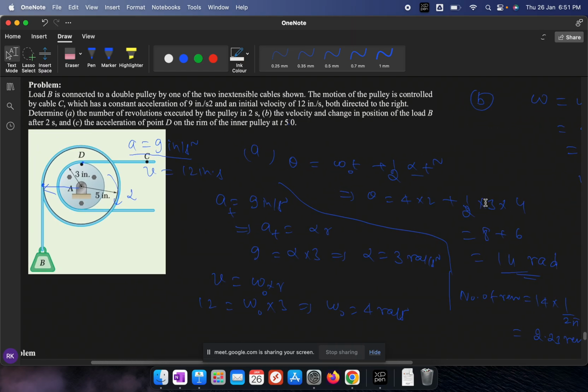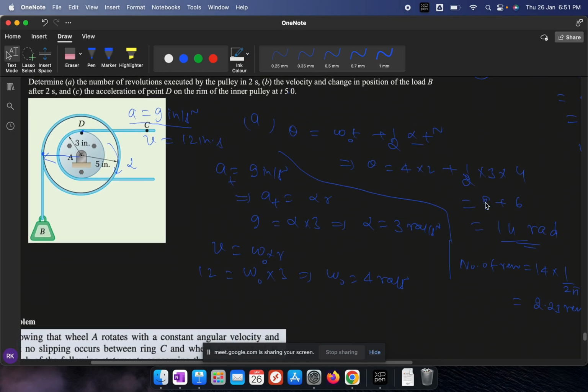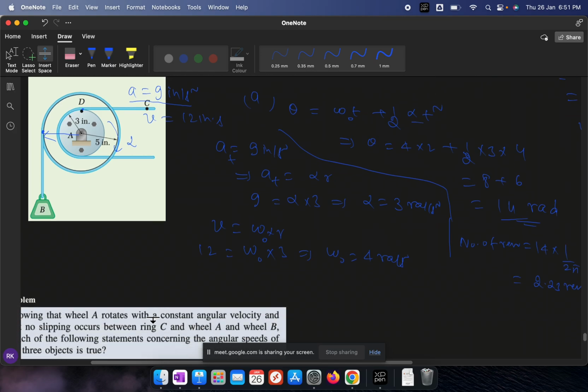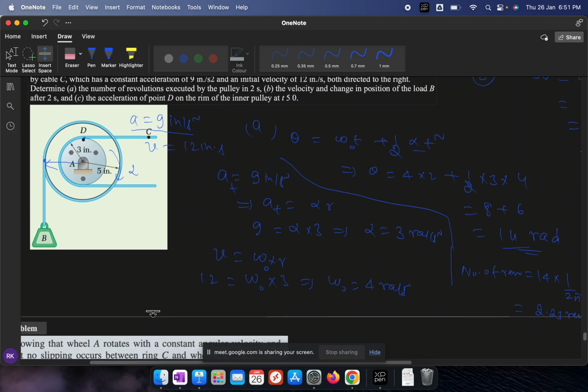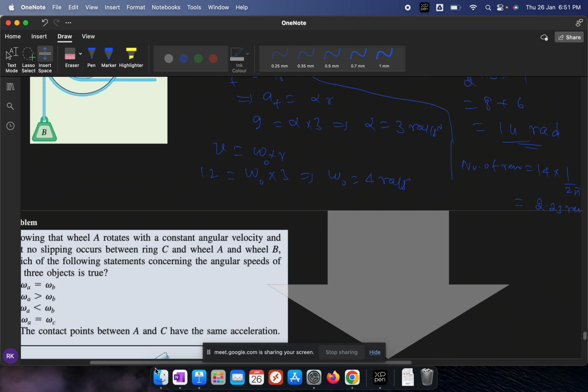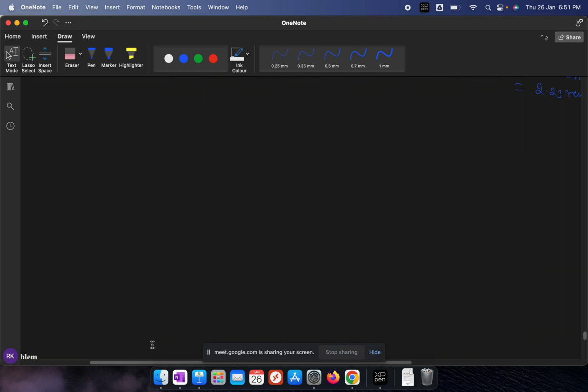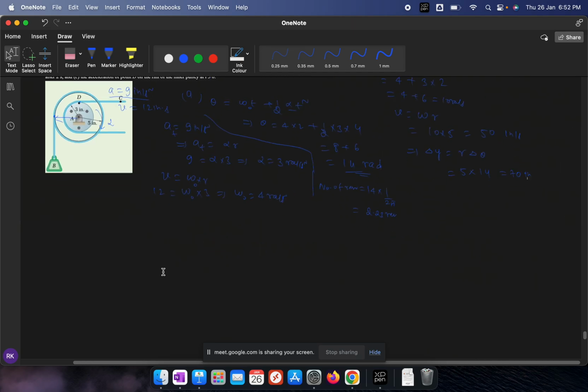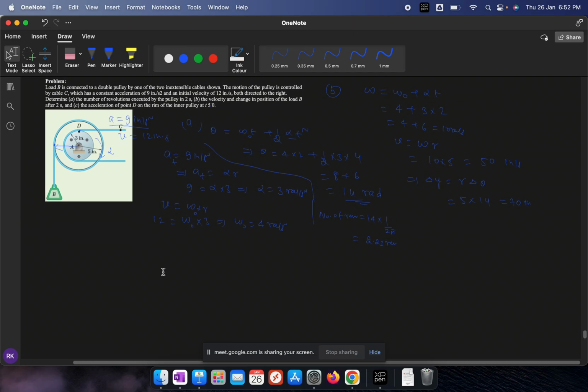Now it is asking the acceleration of point D on the rim of the inner pulley at t equal to 0. Where is point D?